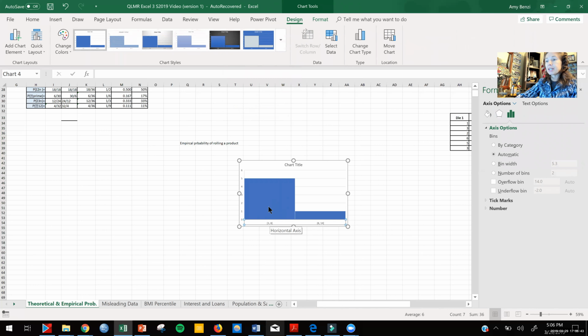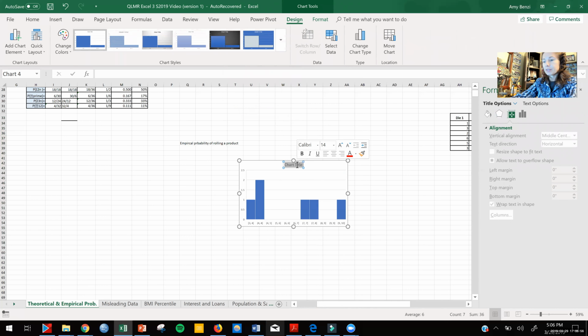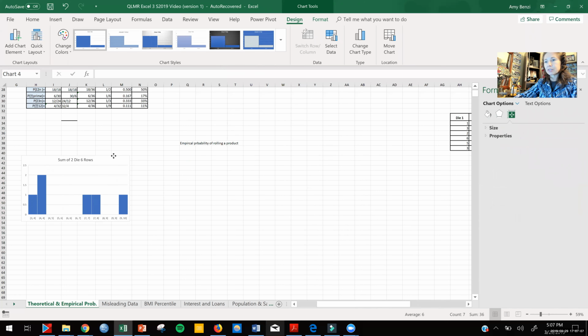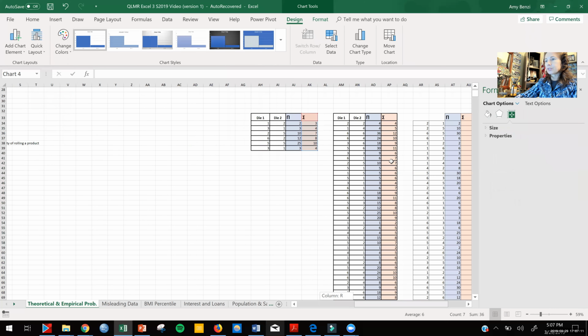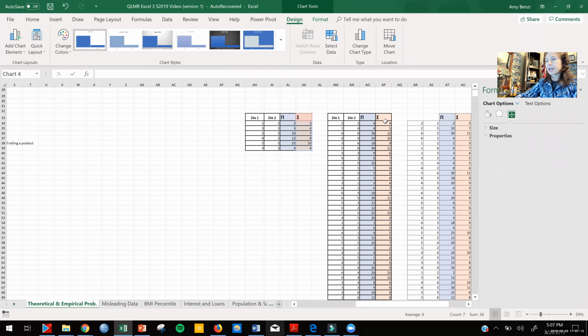All right, so what I'm doing now is double clicking the x-axis on my histogram and going over to bin, number of bins, and changing that to 11. And then, this is the sum of 2 die, 6 rows. Just label my charts. All right, now I am going to insert another. You see my sum column over here now?